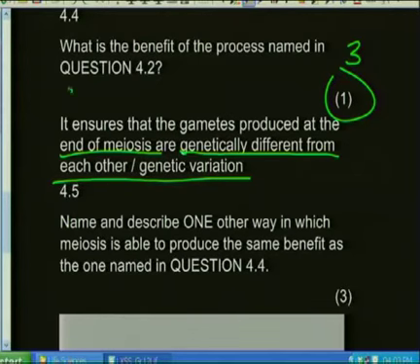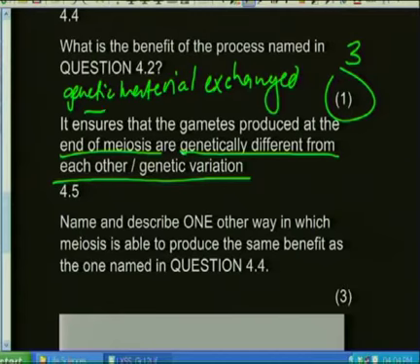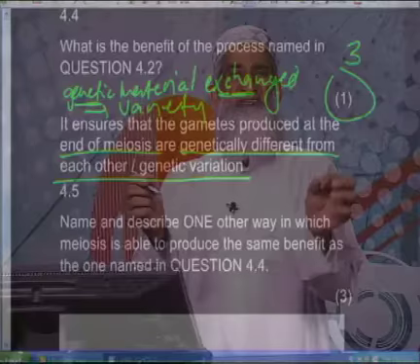That genetic material is exchanged, and this leads to variety. So you're getting your mark for genetic material exchange. Other textbooks talk about there's a shuffling of genetic material. It means they're changing from one chromosome to the other.